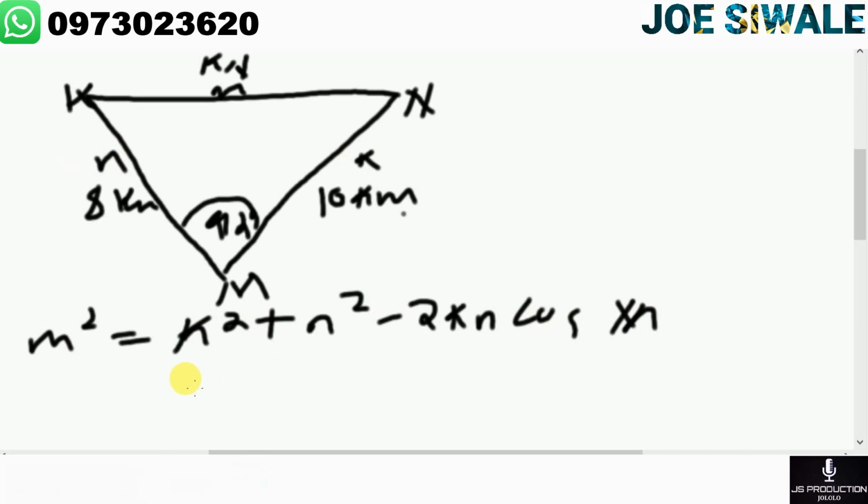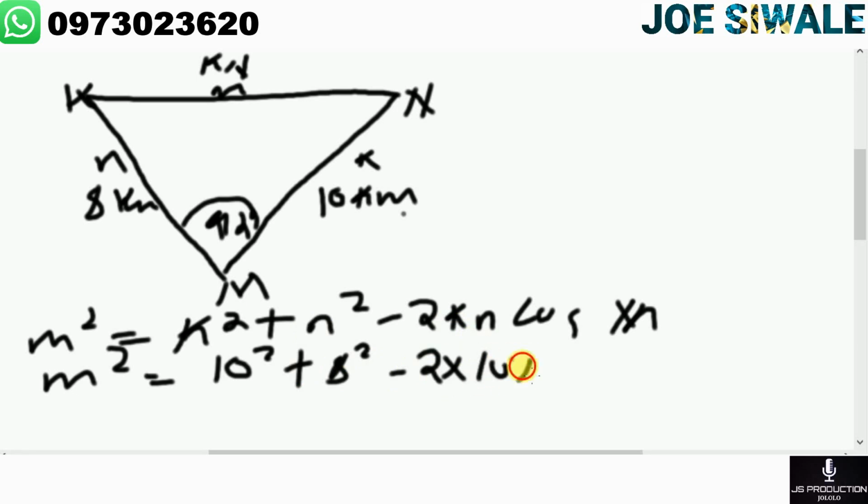And I know that k here I've been given as 10. So this is 10 squared plus n, that's 8 squared, minus 2 multiplied by k, that's 10, multiplied by n, that's 8, multiplied by cos the angle at m, that's 92.